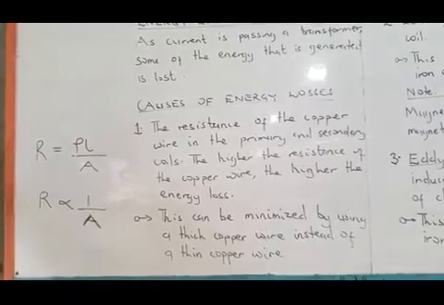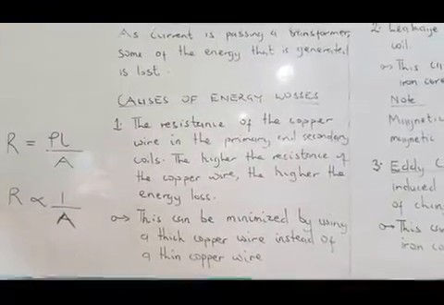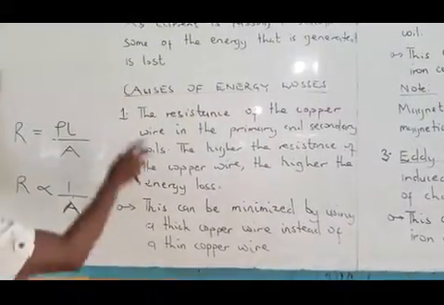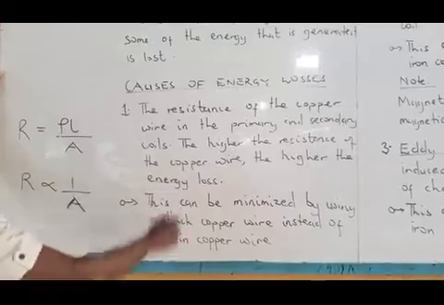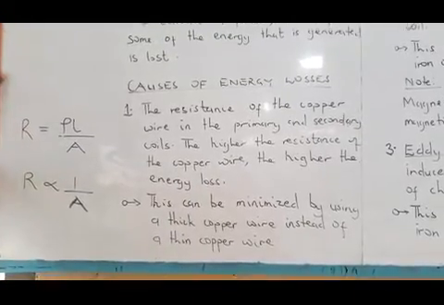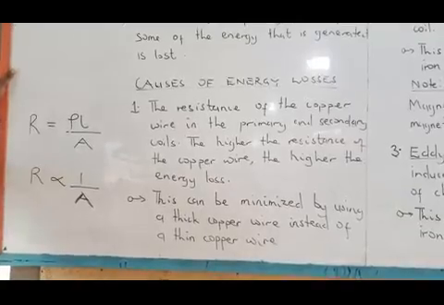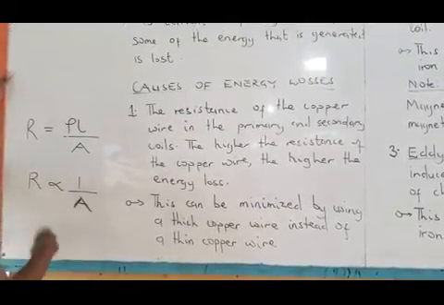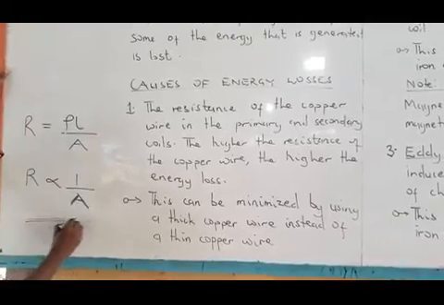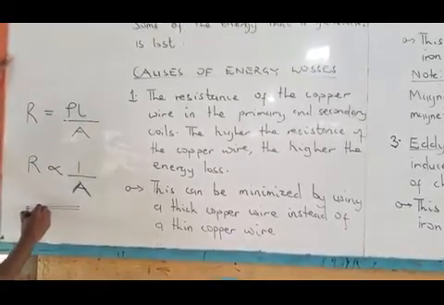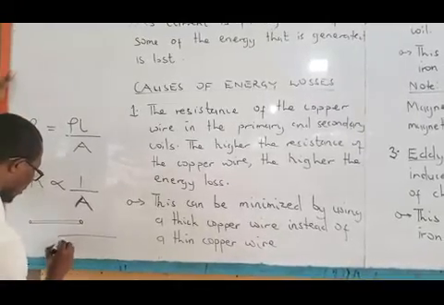It means that the larger the cross-sectional area, the smaller the resistance. So that's why I said that to minimize this, we make use of copper wire which has a higher thickness. If the thickness is high, it means that the cross-sectional area will also be high. So if you have a wire of this cross-sectional area, and you also have one as this.